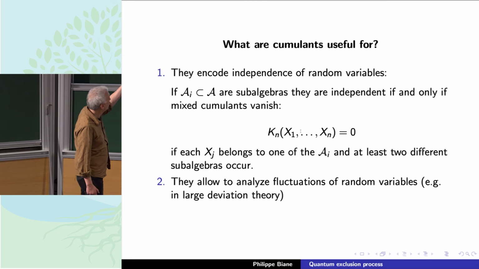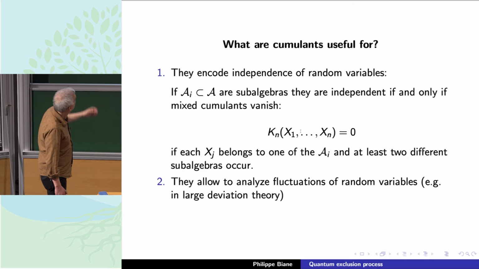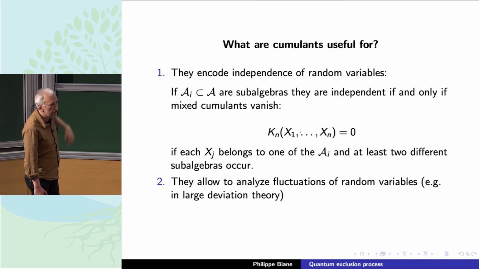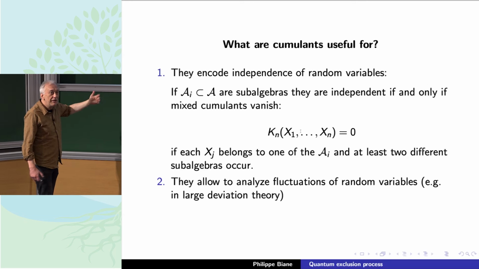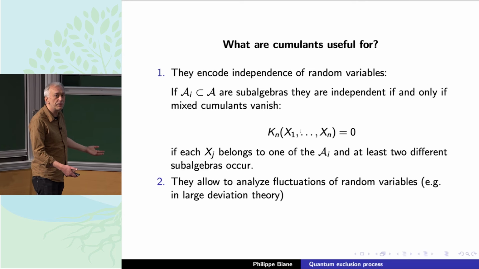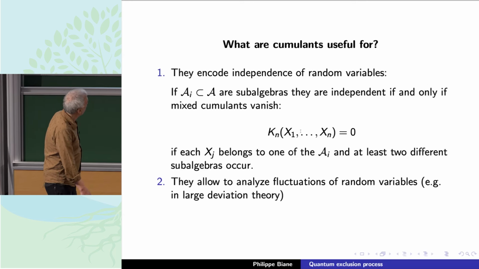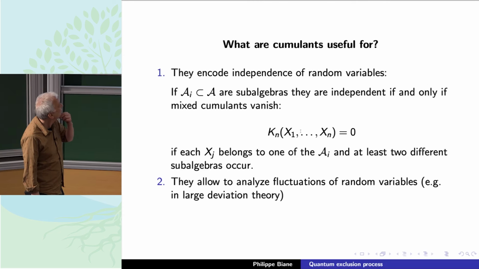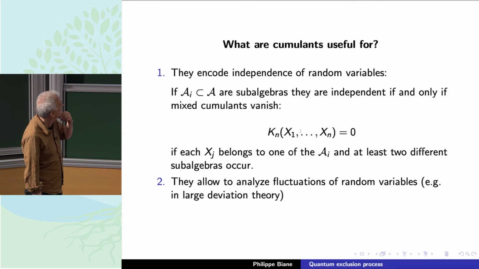So you look at k_n of x1 to xn, where each x_ij belongs to one of the algebras. And as soon as two of them belong to two different algebras, the cumulant vanishes. So you can test easily if the algebras are independent by looking at cumulants.